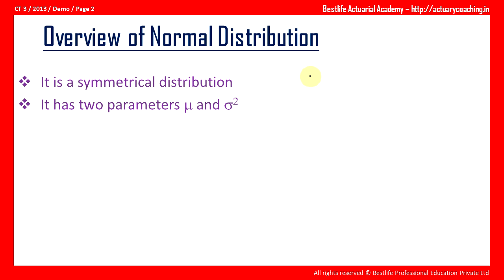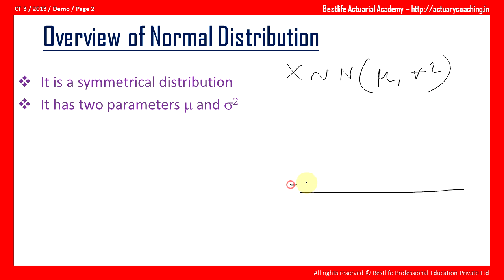If I say a variable is following a normal distribution, it would be written as X follows normal with mu and sigma square. It's a symmetrical distribution, equally distributed on both sides with midpoint as mu, that is the mean of the normal, and it has two parameters, mu and sigma square.